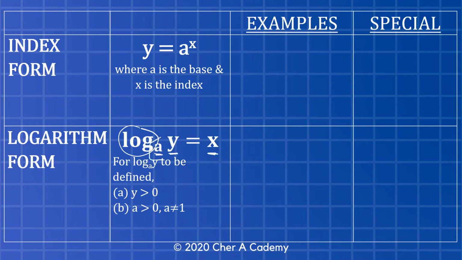The base here is the same rock in the index form. The kite has now come out to the front. So in summary, our log form will be log to the base of a, of y, equals x.